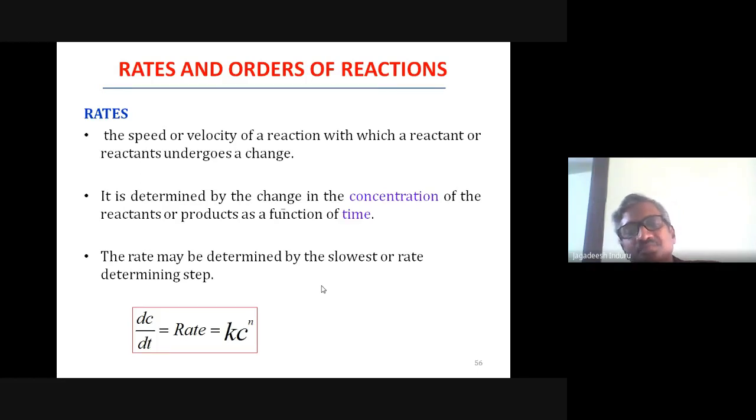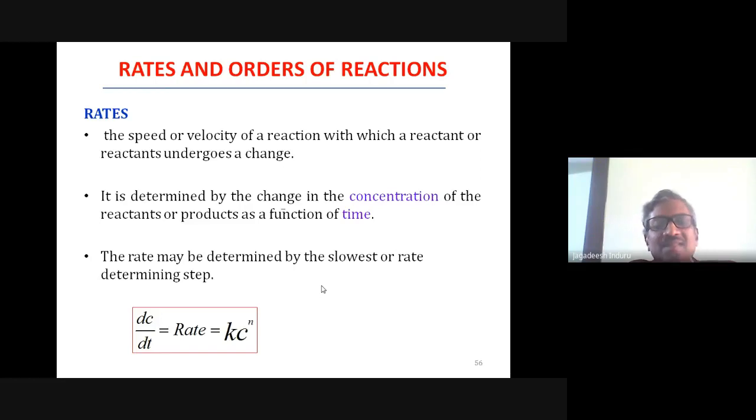But this directly proportional relationship is made into an equality by using a proportionality constant, that is the rate constant, called k. So this is our fundamental equation in kinetics: dc by dt is equal to kc. The k is a proportionality constant.